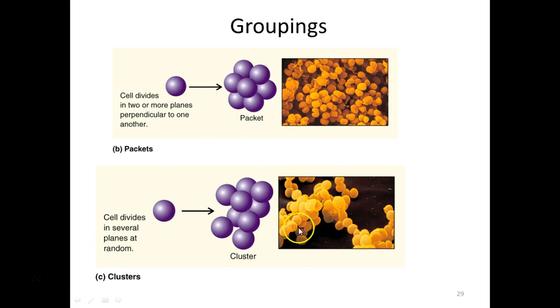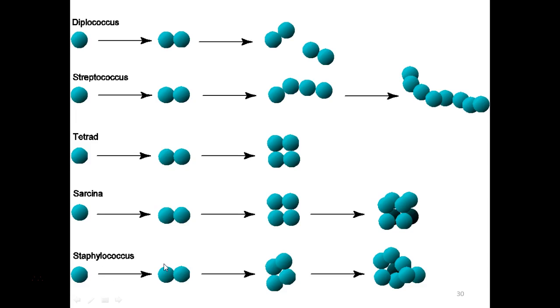Others will form clusters, and this is referred to as staphylococci. Again, probably a genus name you've heard before. Staph infections, an abbreviation of the fact that Staphylococcus aureus probably is infecting maybe your skin or some other area of your body.